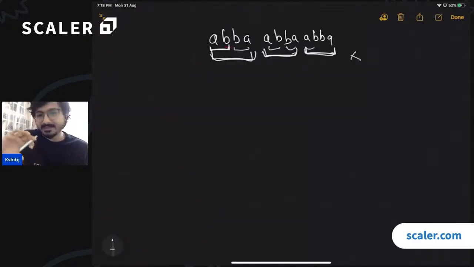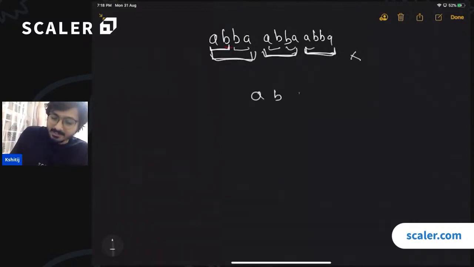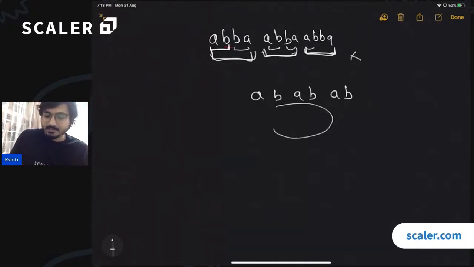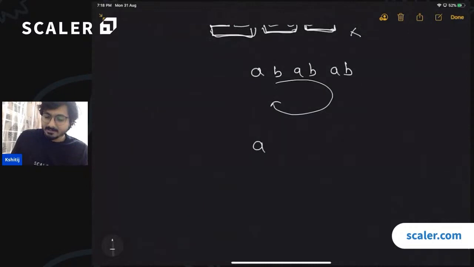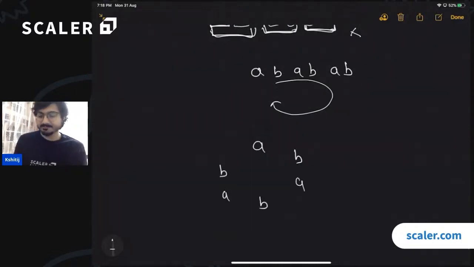So if the string is formed by repeating substrings, what if I join the end to the start? I have AB, AB, AB. What if I create a circular list? So AB, AB, AB.